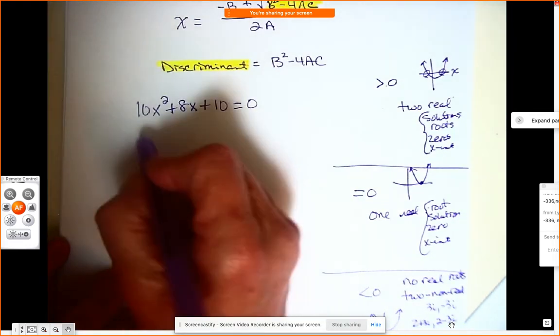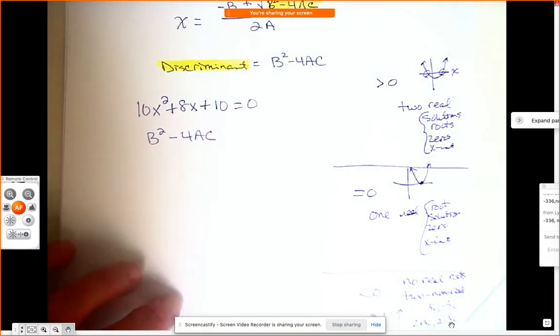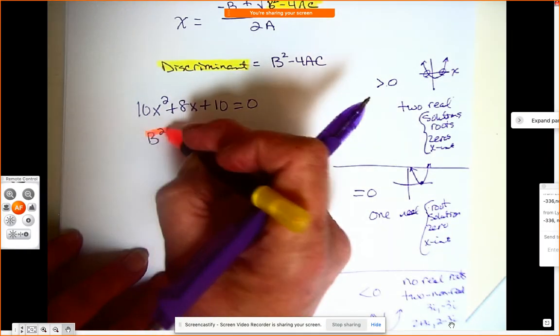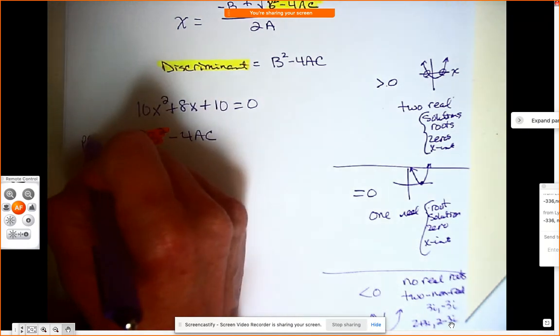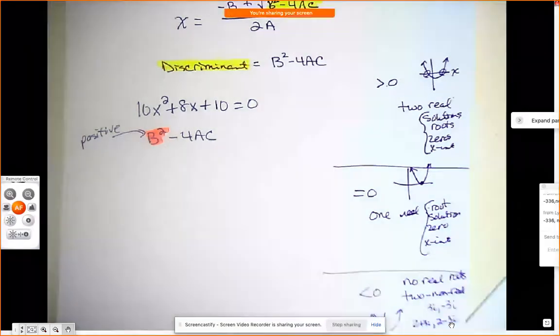So we're going to do the formula b squared minus 4ac. Again, I'm going to reiterate that anytime you square a number, it's always going to be positive. I don't care if it's a negative: negative 8 times negative 8 is positive 64.